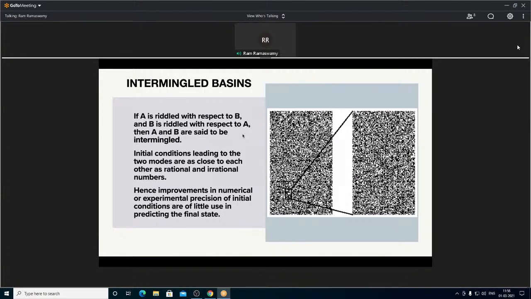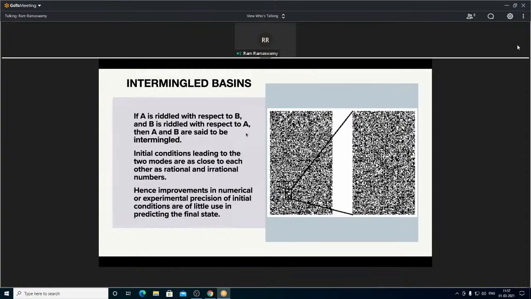And the initial conditions that lead to one attractor or to the other are just completely intermeshed one inside the other, and it's impossible to separate going to one attractor from another.